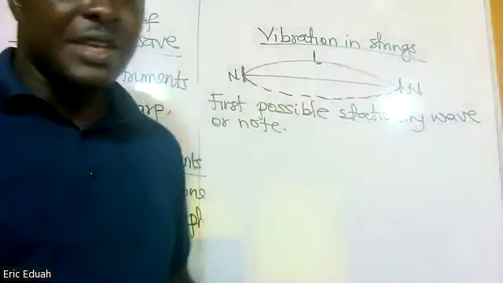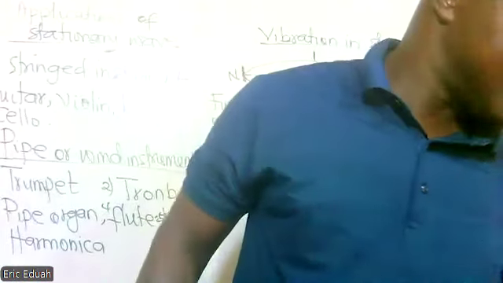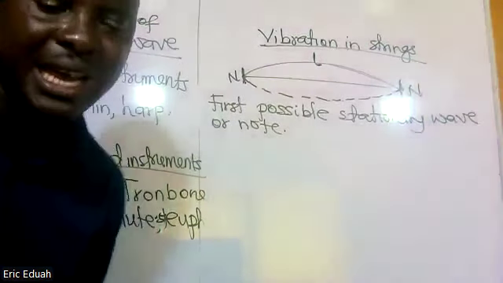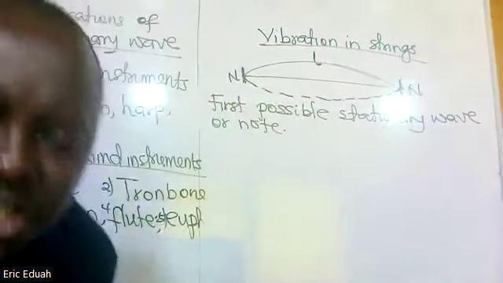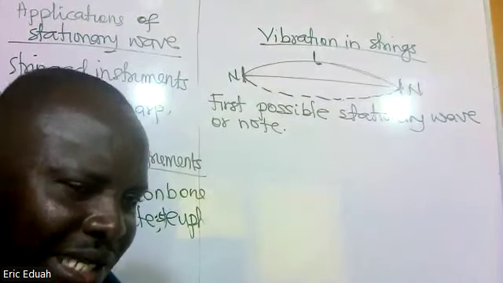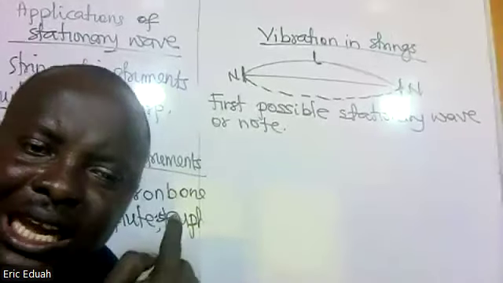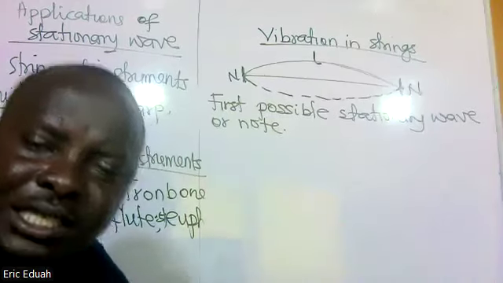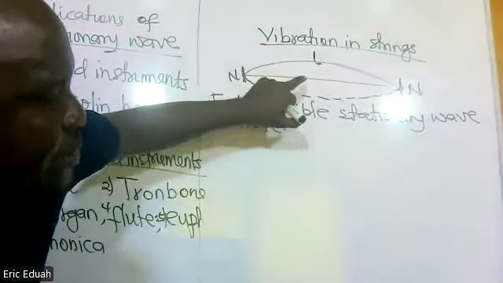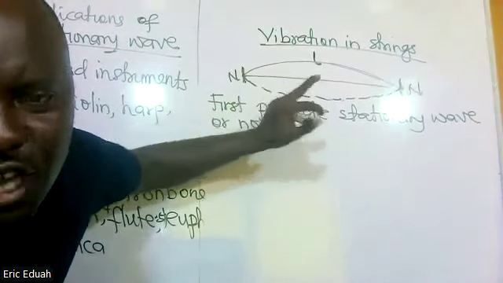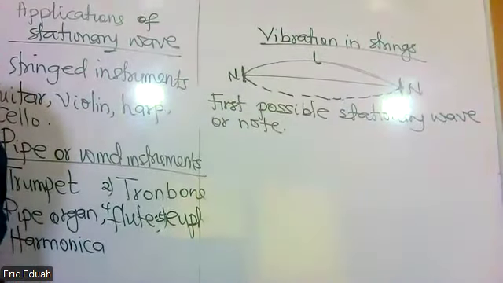Now, if this is the basic tone or the first possible stationary wave, I earlier said that stationary waves are formed with a particular wavelength and frequency. So what is that particular wavelength and frequency which will form this basic tone?